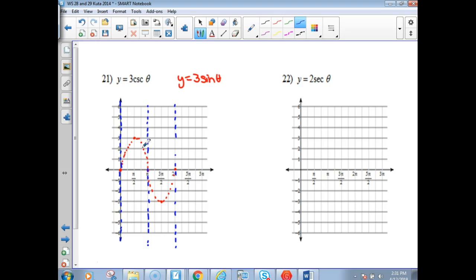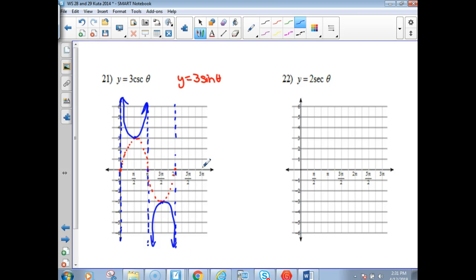I take this upside down and turn it right side up and run along the asymptotes. This is a smiley face, so I make a frowny face over here, just reverse it. And that's the 3 cosecant theta.